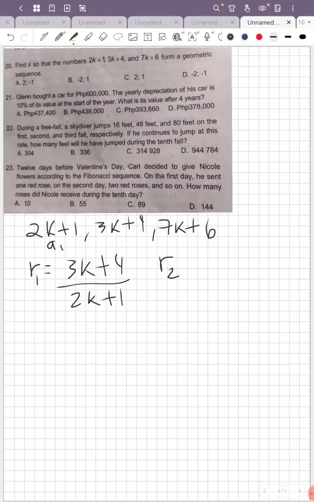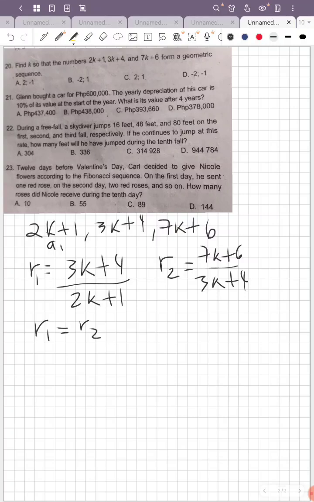So r sub 2 is a sub 3 divided by a sub 2. A sub 3 would be 7k plus 6, and a sub 2 would be 3k plus 4. Since r sub 1 and r sub 2 are equal because it is a geometric sequence, we have r sub 1 equal to r sub 2.